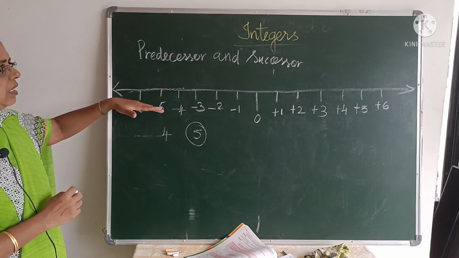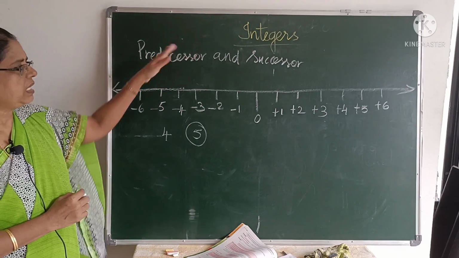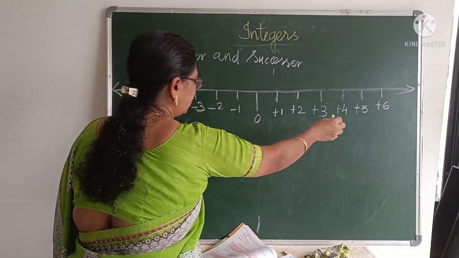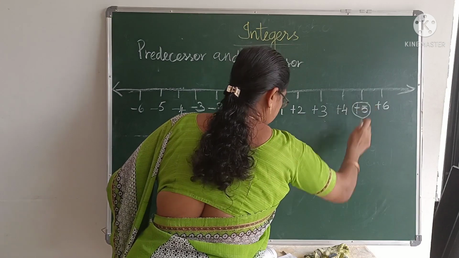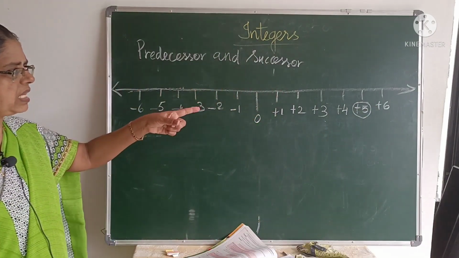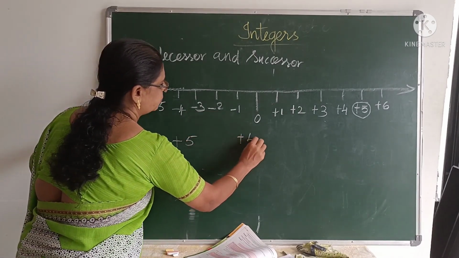So now we will learn how to find out the predecessor of an integer by using a number line. For example, take plus 5. Which is 1 less than plus 5? Immediately you will say plus 4.